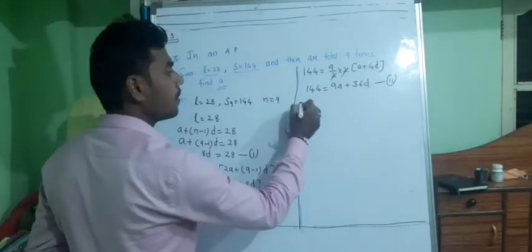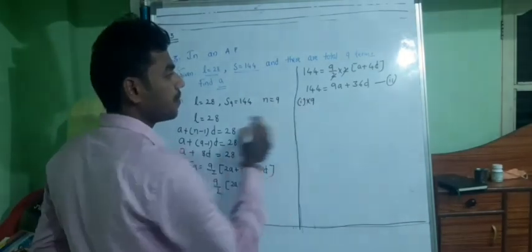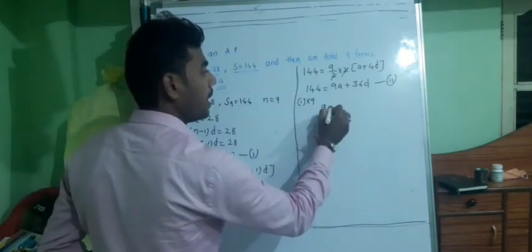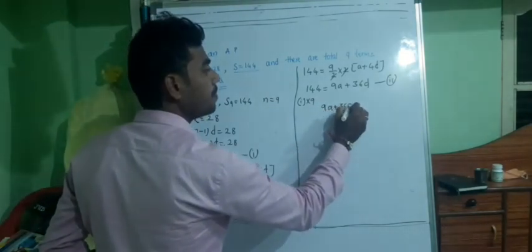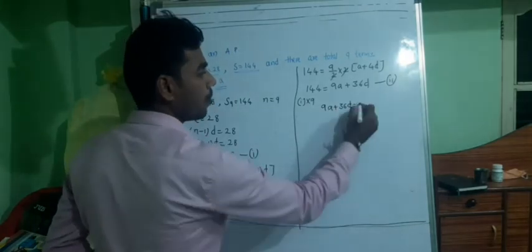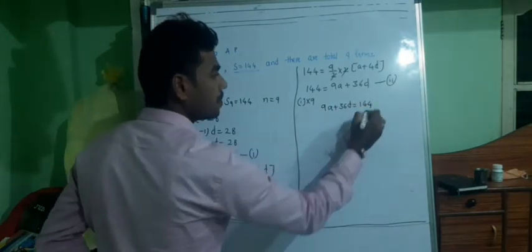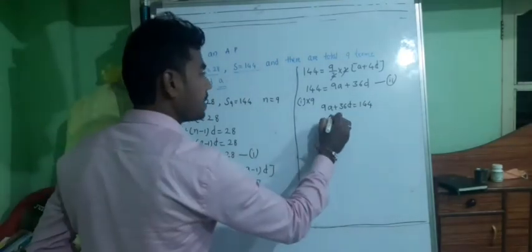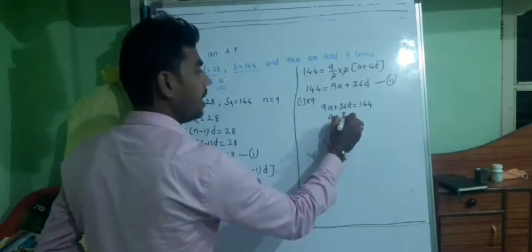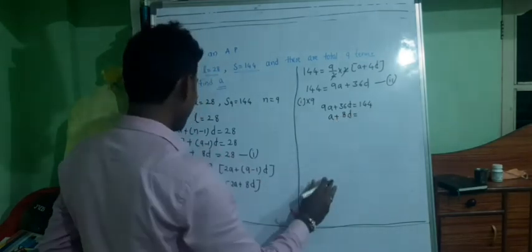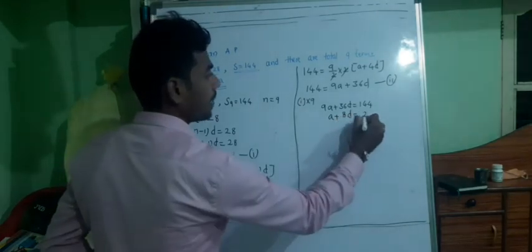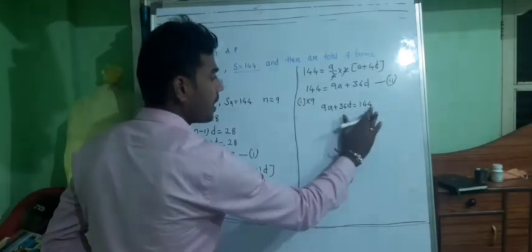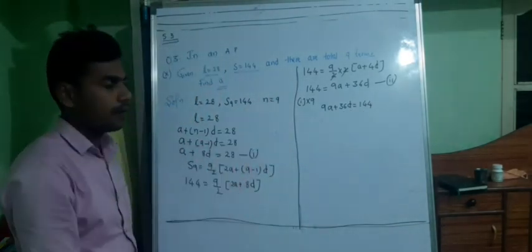I should multiply equation 1 with 9. So 9A plus 36D is equal to 144, and A plus 8D is equal to 28. Fine. So what we said, we need to multiply the first equation by 9.